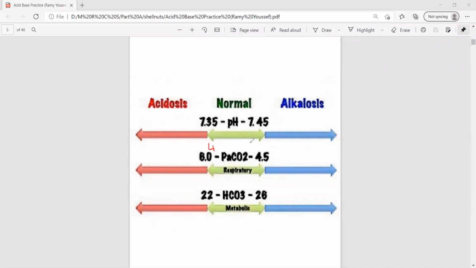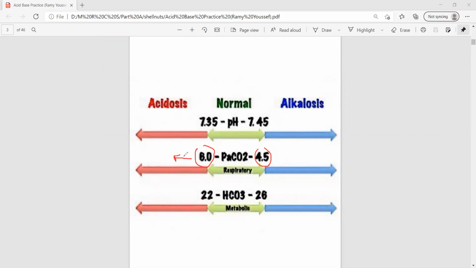Okay, keep it as we said from 4 to 6. This is the 6, and this is 4 or 4.5, whatever.